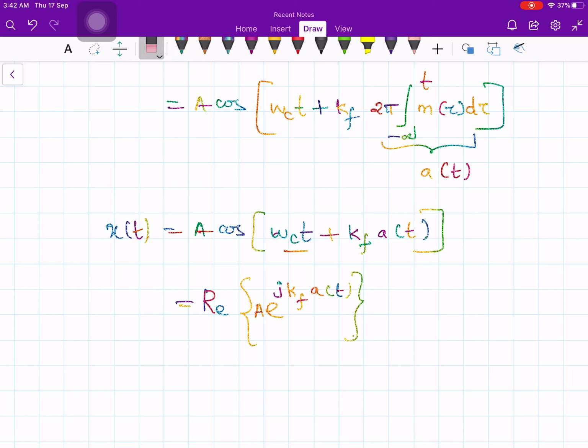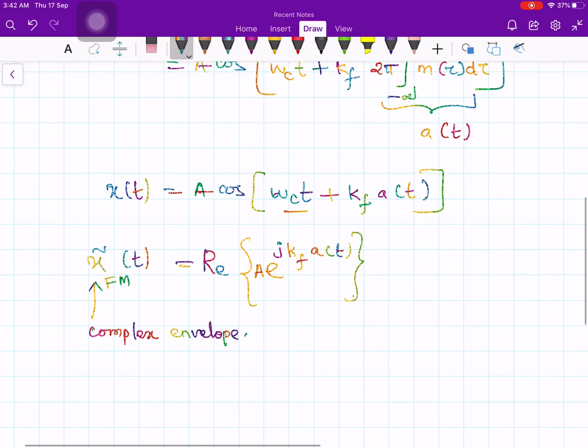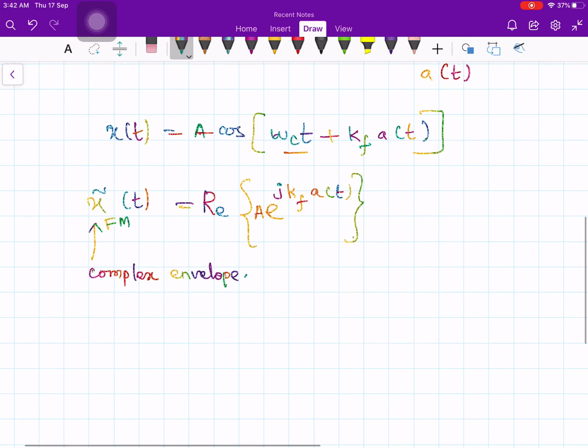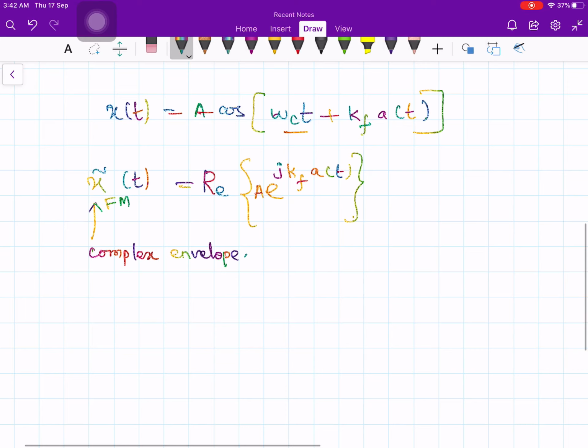This is the complex envelope. This exponential function I can expand by using the power series.